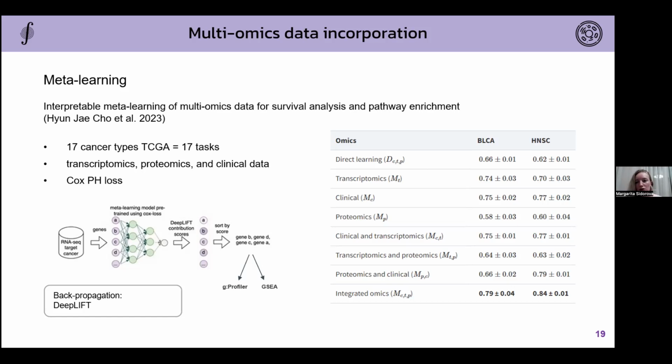So for example, it can be breast cancer and lung cancer, but still for each cancer and the patients with this cancer, you did all the omics part, both transcriptomics, proteomics, and clinical data. So this data, in fact, is similar. The only difference is the type of cancer.